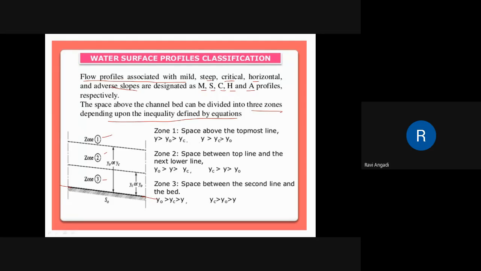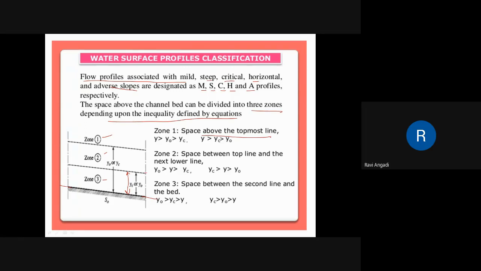Okay. Zone 1 means what? The space above the topmost line. Here we have 2 lines, one for the critical depth, represented as Yc, and the other is Yn, the normal depth, Yo. The critical depth could be here or it could be here also, anywhere; it depends on what value you are getting.